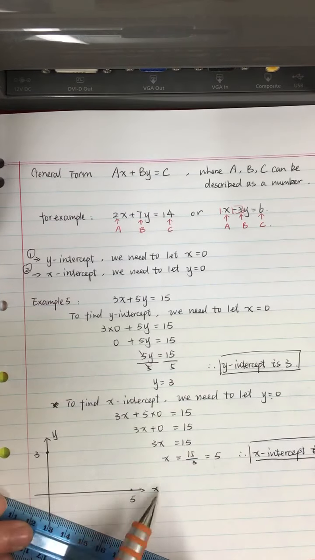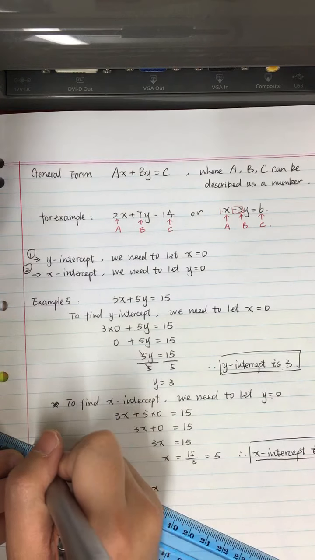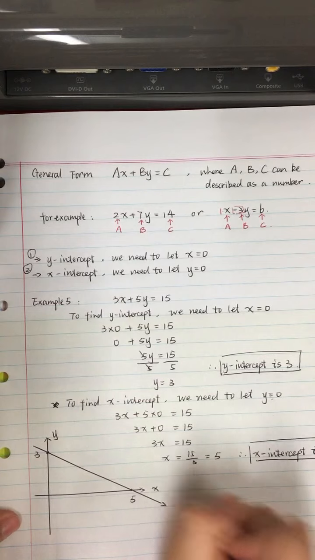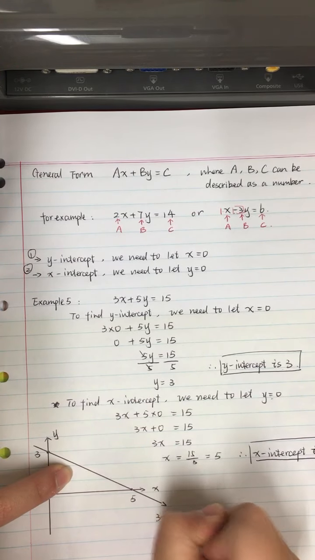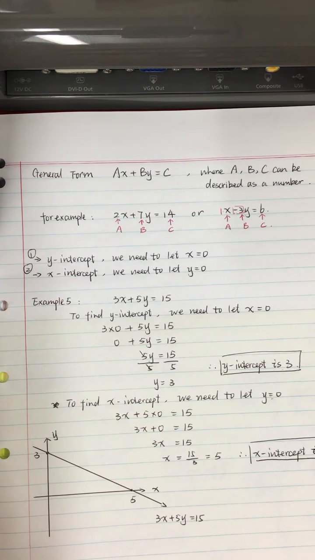Then I can join a line between these two points. And I'm done. This line here is for our equation, 3x plus 5y equals 15.